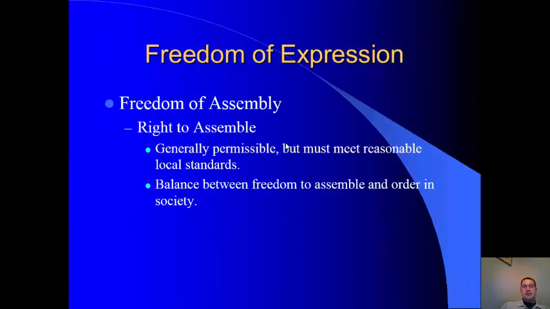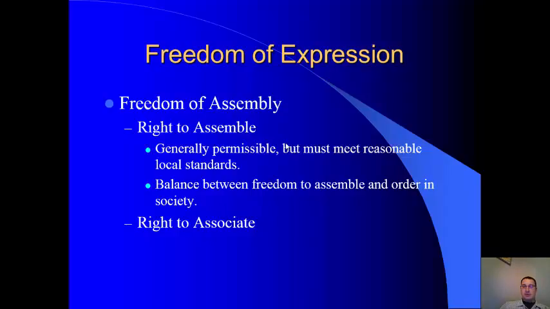You have the freedom to assemble, the right to get together with other people who feel like-minded. You can peacefully assemble in different places, subject to local restrictions. Just because you have the right to assemble doesn't mean you can stay on a private lot that says no trespassing and claim the right to assemble, right? Local authorities and private individuals have the right to regulate time, place, and manner.